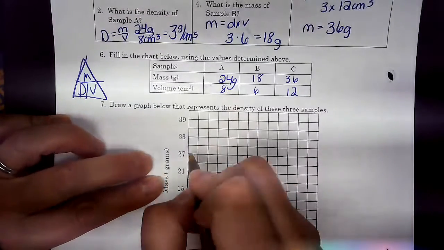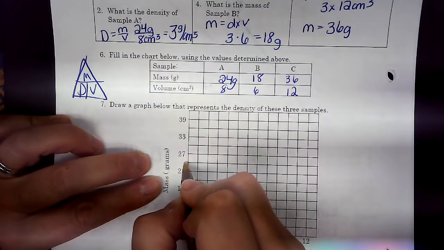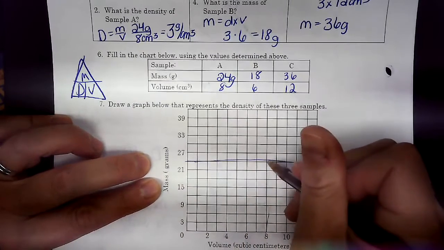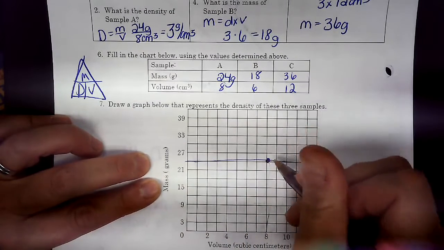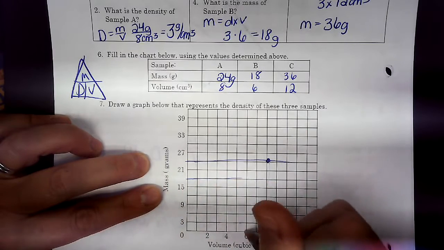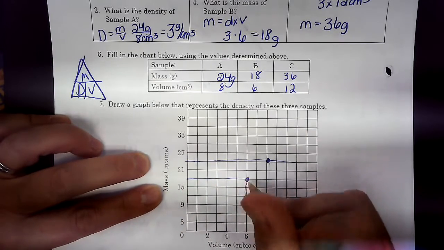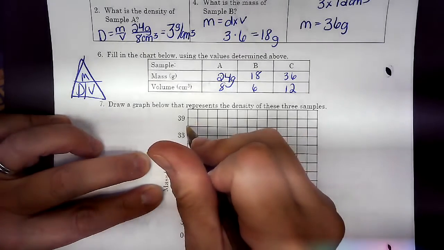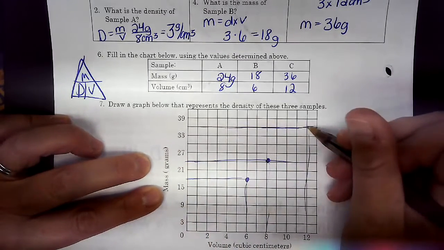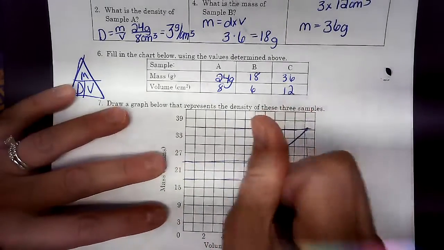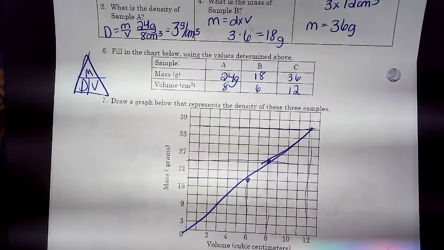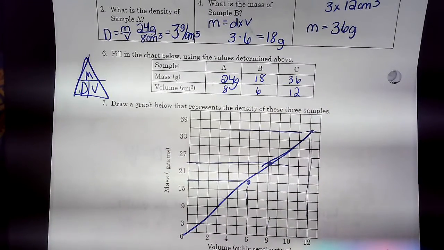Again, mass is on the X. So 24 and 8. 18 and 6. 36 and 12. Here's the line. Yes, you could have done a better job connecting it than I just did.